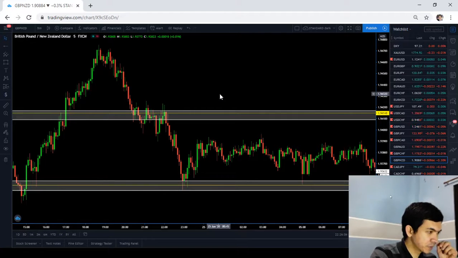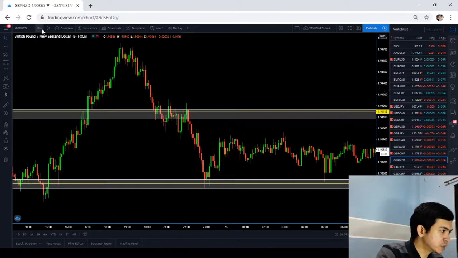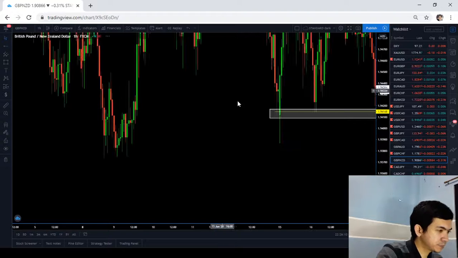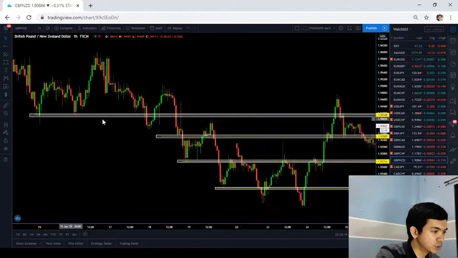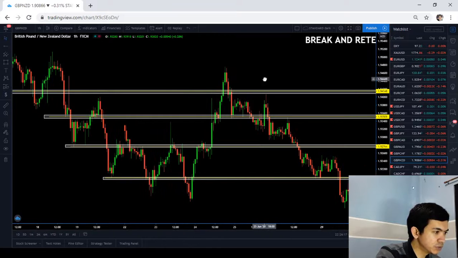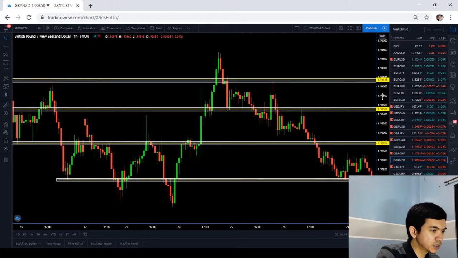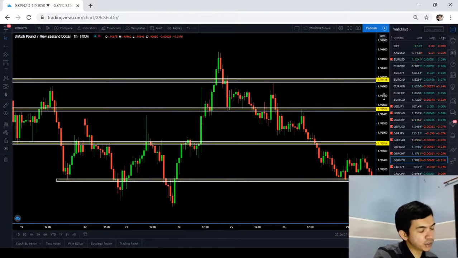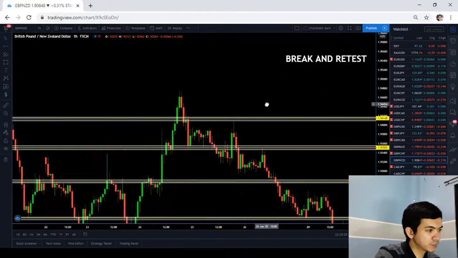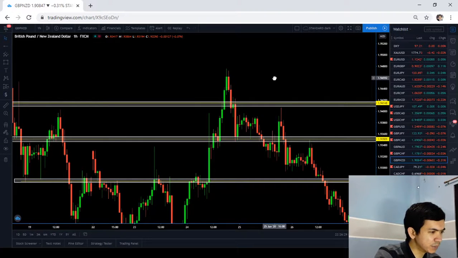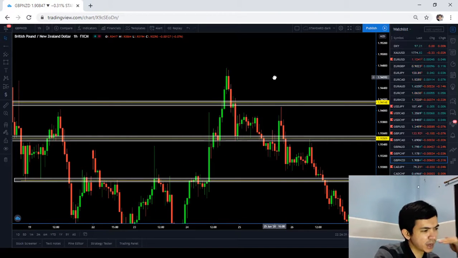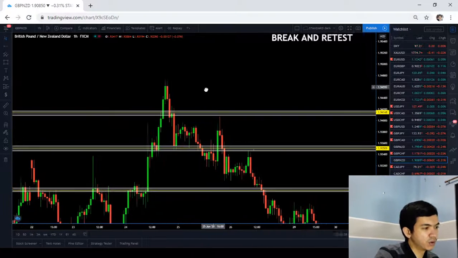Okay? Alright. So, let's go back to the 1 hour. Again, our goal is what? To trade using key support and resistance or key levels of support or resistance. Right? Using break and retest trading. So, this is just a level up of level trading. An upgrade, okay?